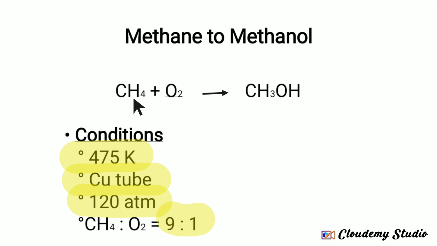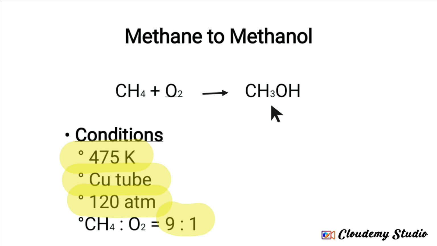So now we have converted the methane into methanol. Now we can check whether the equation is balanced or not. On the left hand side, how many oxygen atoms are there? 2 oxygen atoms are present on the left hand side.